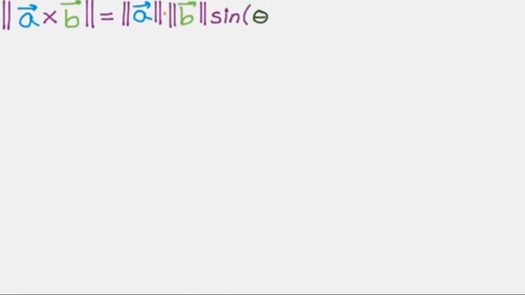We know that the cross product of two vectors A cross B is the same as the modulus of A times the modulus of B times the sine of the angle between the two vectors, that is sine theta. In this case we're taking that to be the angle between the two vectors.